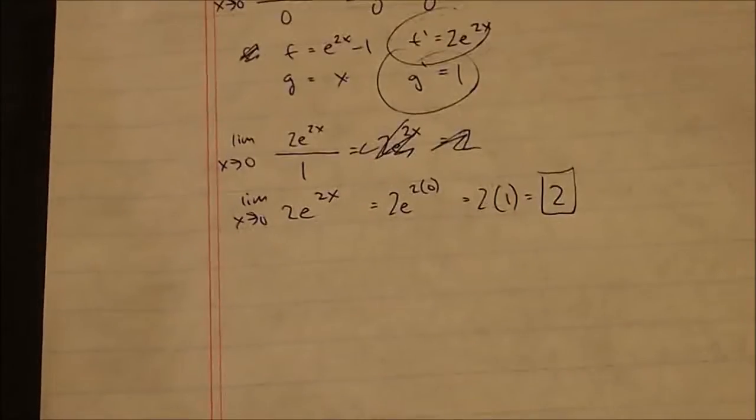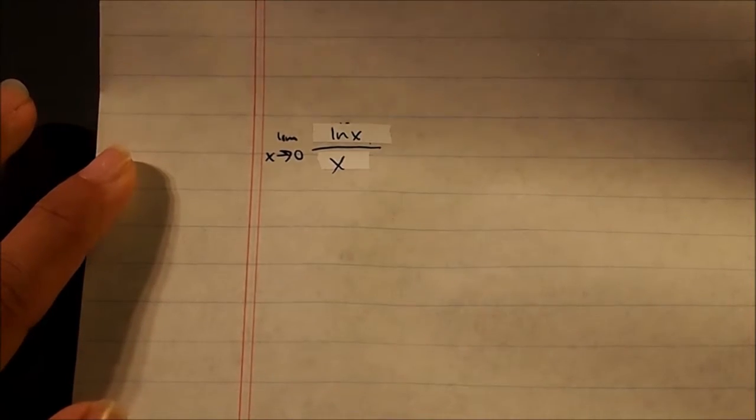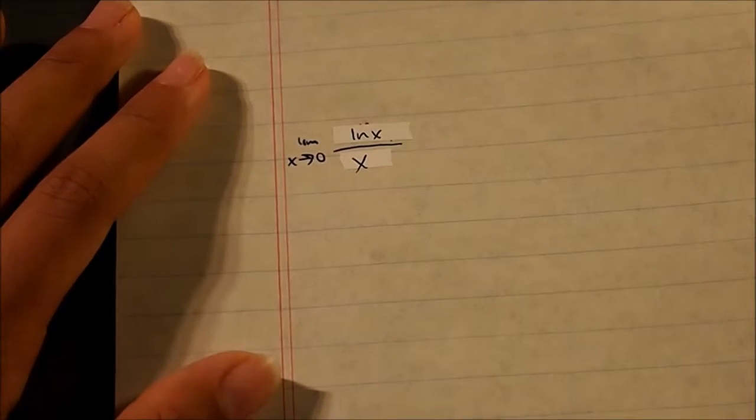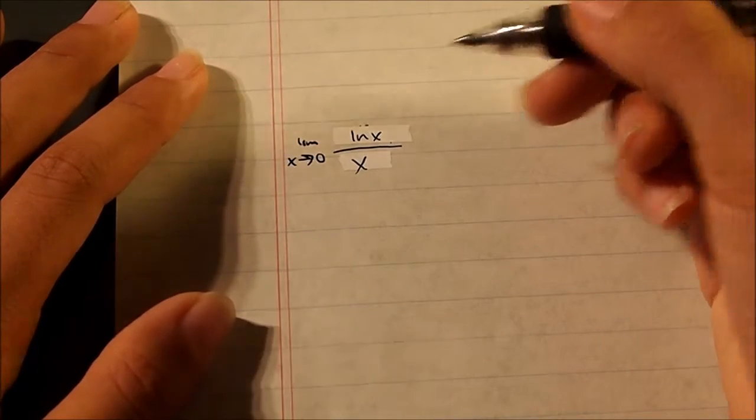So now let's try another one. Find the limit as x approaches infinity of the natural log of x over x. Like last time, plug in infinity, and you get infinity over infinity.